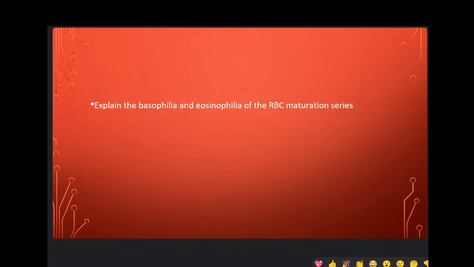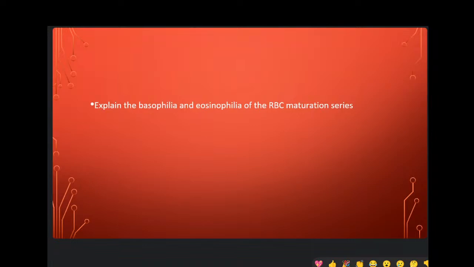Okay. Explain basophilia and eosinophilia in the RBC maturation series. So, what am I asking here? Okay? So, basophilia is an indication of the many acidic substances present in the nucleic acid. So, opposites, di ba? The more acidic the nucleus is, the more likely it will absorb the basic stain. 'Di ba?